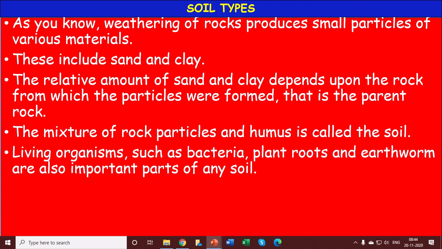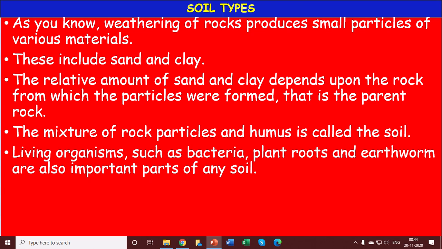So the living conditions favor the living organisms such as bacteria, growth of plants, and earthworms. The growth of the plant depends upon the amount of humus present in the soil. Do you agree?